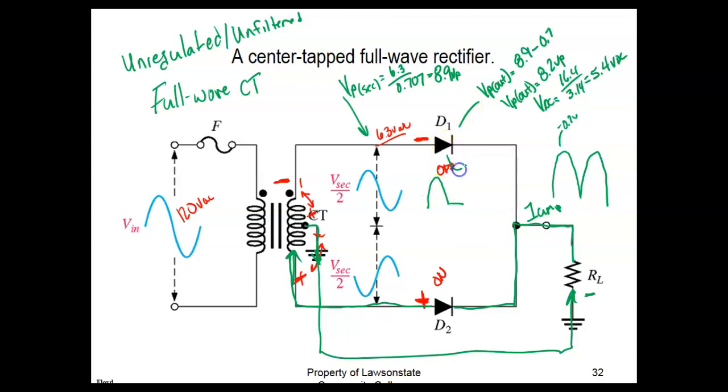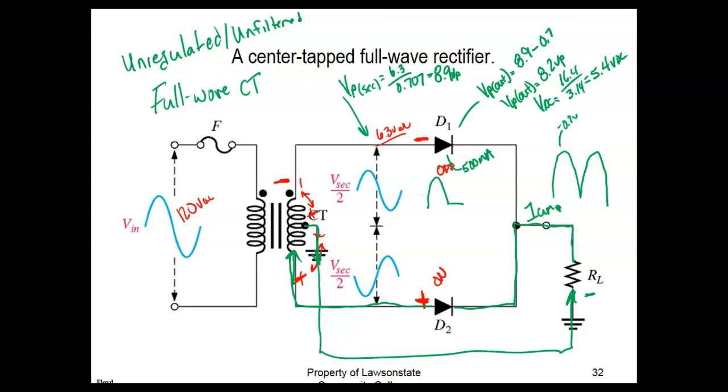So this guy right here, its average current would only be about 500 milliamps. So this is another big advantage, that your diodes can have half of the current rating that you actually get out of the thing, because they're only conducting half of the time. So that's another advantage of a full wave center tap.